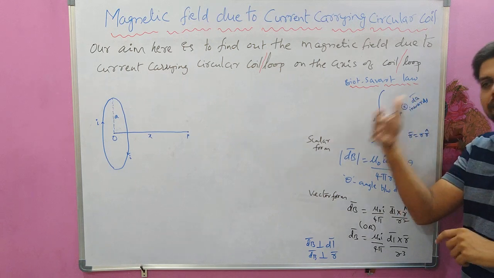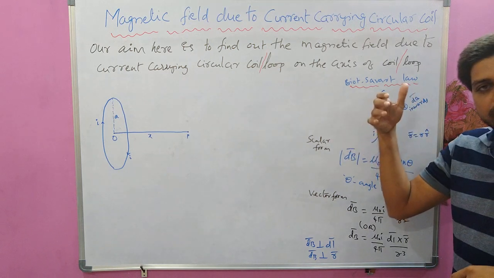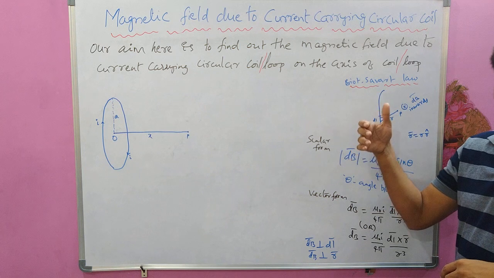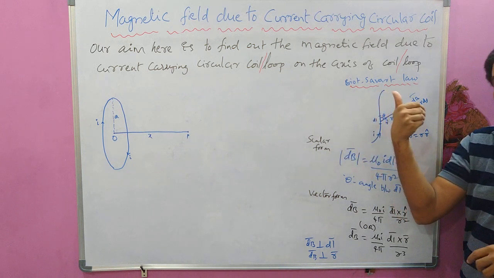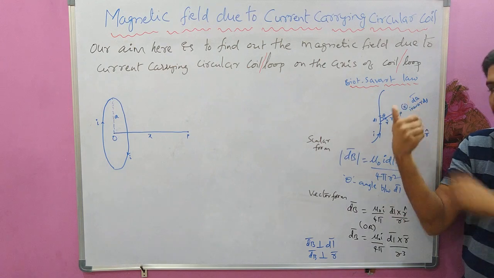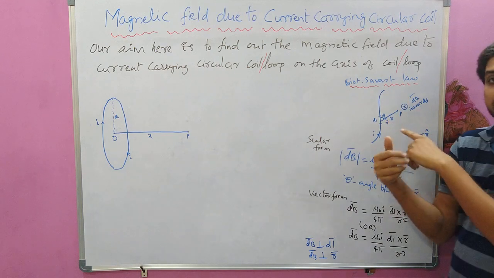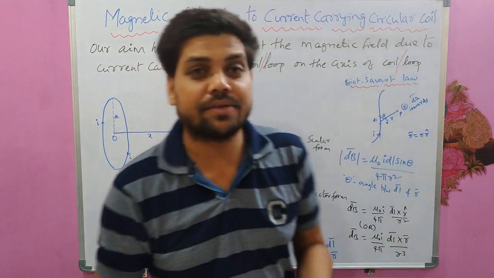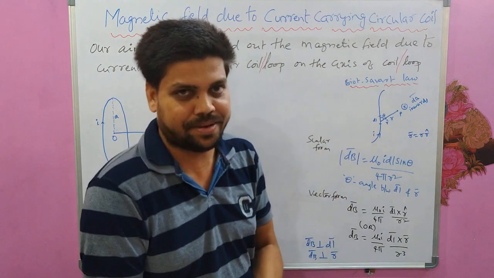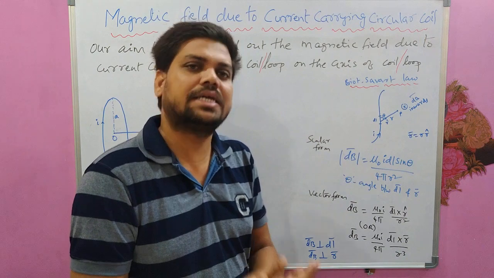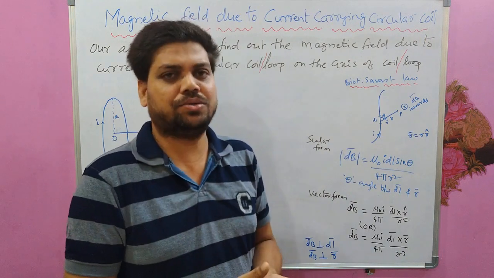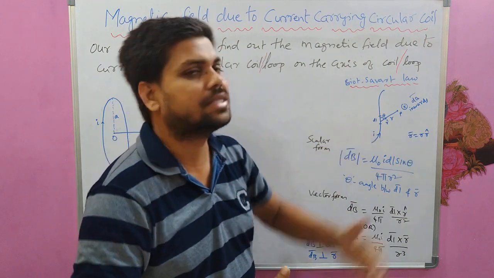So usually you make use of the right hand thumb rule to predict the magnetic field direction at this point P. But to predict the magnetic field direction more accurately, it is always better to use the vector form of this Biot-Savart law.